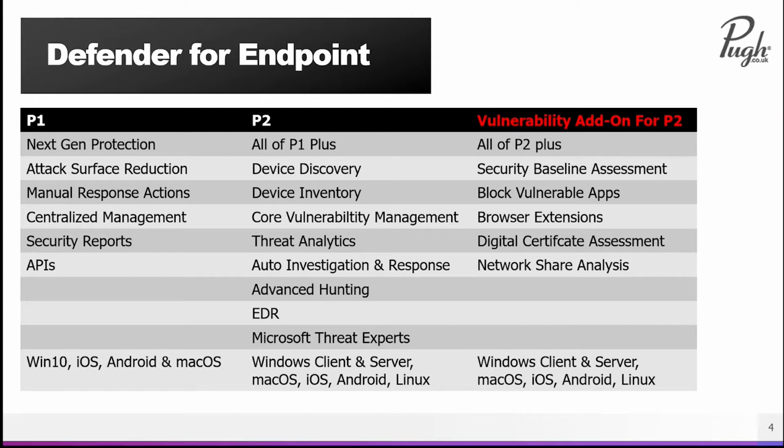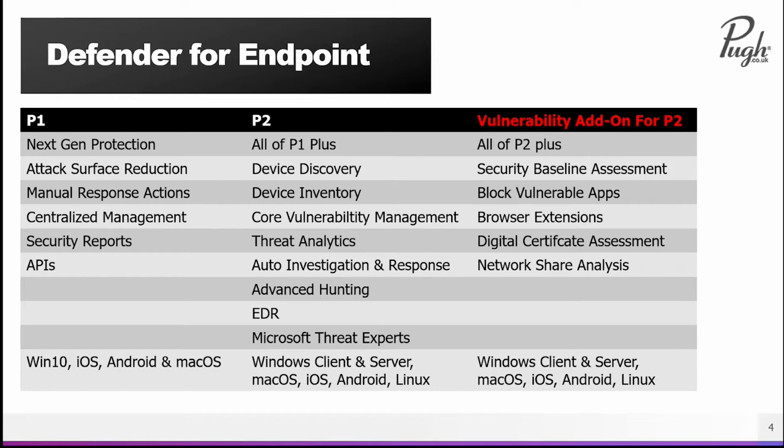Okay, if we look at P2 then, just to look at what you've got on top of the next gen stuff in P1, you get device discovery. That allows you to, what happens is endpoints look out at your network to find any devices it's not aware of, and it gives you then visibility of unmanaged devices, which is obviously an issue.